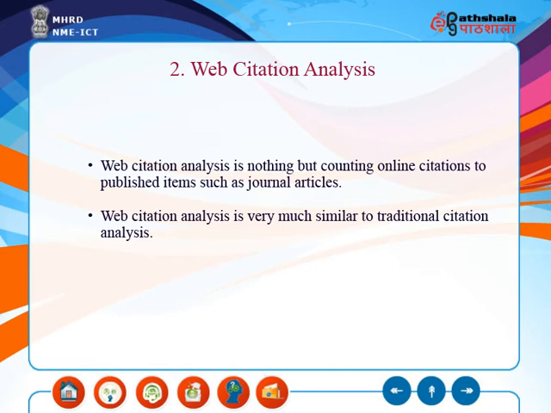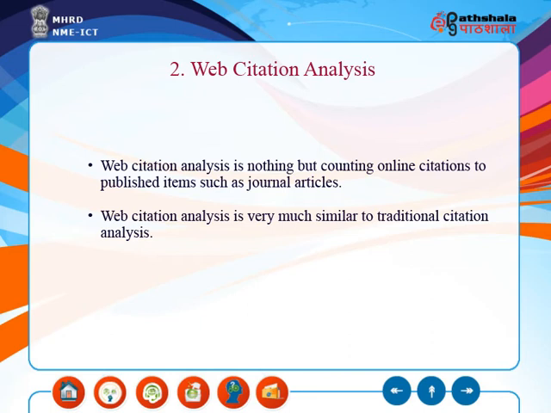Earlier, bibliographic citations found in traditional citation indexing databases such as SCI, SSCI, and AHCI were considered a major source for identifying the impact of research publications. The web provided a new method to overcome the limitations of the bibliographic citation databases by helping in finding web citations for articles published online, largely in open access journals.